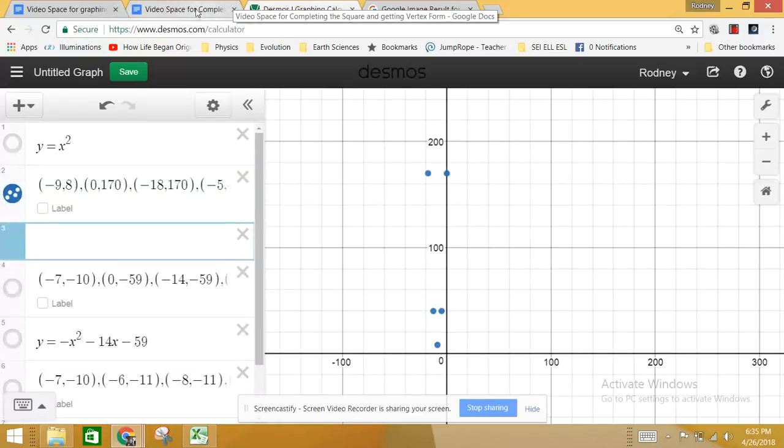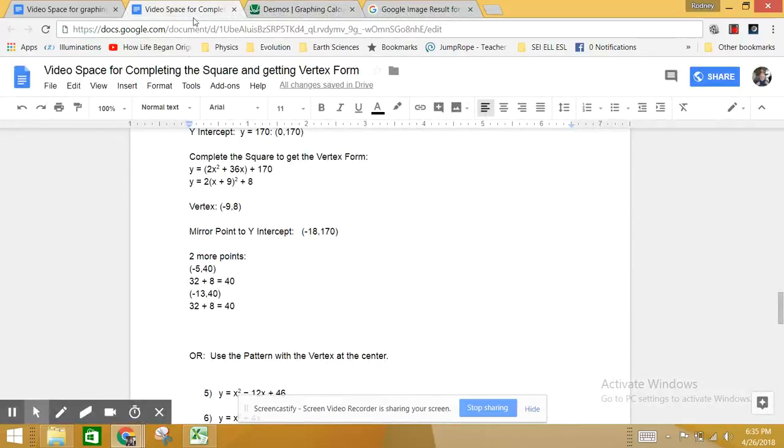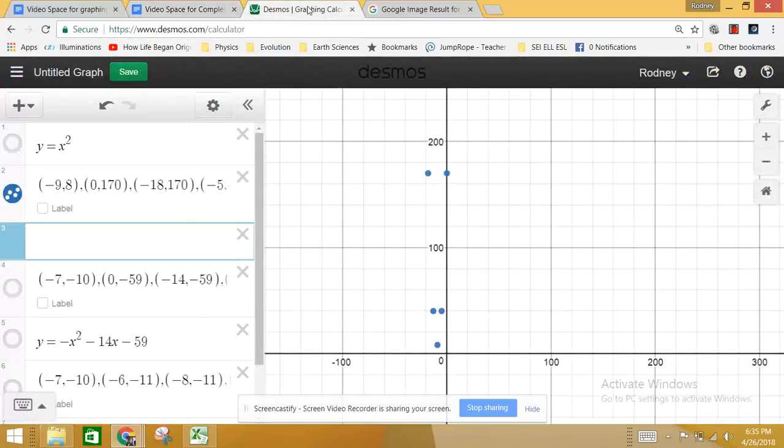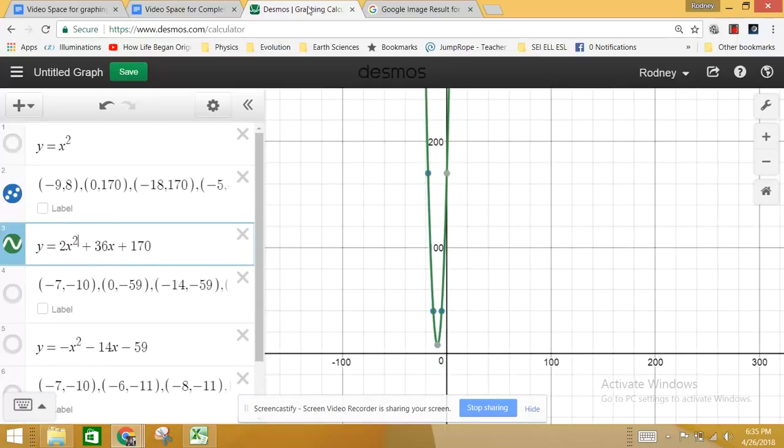And now we're going to plot that parabola. Let's go up and find that parabola. Here it is. y equals 2x squared plus 36x plus 170. Let me fix the format here. And it goes right through all those points. That's fantastic news.